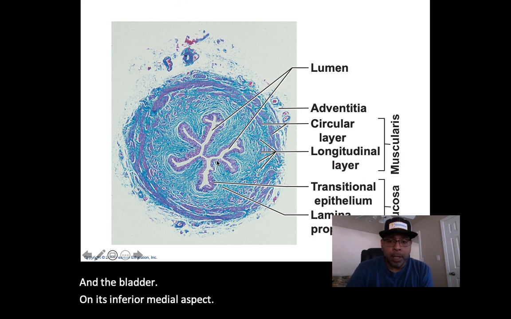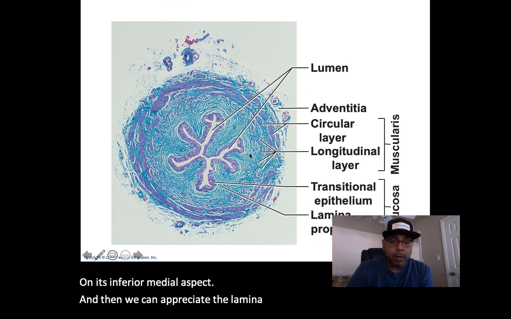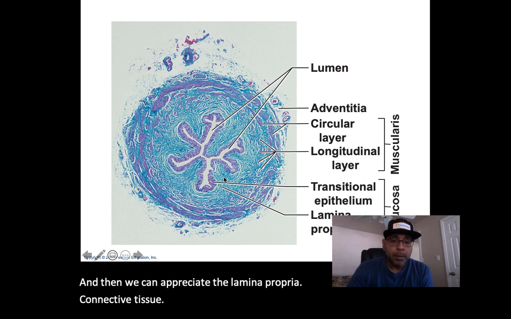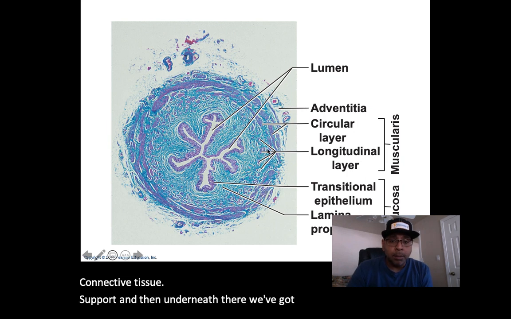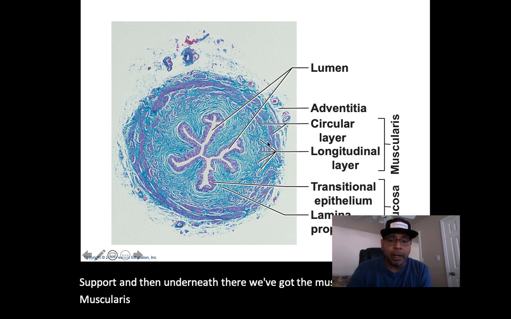And then we can appreciate the lamina propria, connective tissue support, and then underneath there we've got the muscularis. Muscularis is typically bilayered. You've got a longitudinal and a circular layer. Longitudinal on the inside, circular here on the outside.